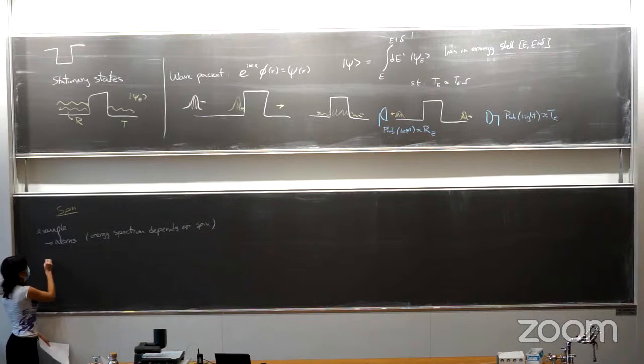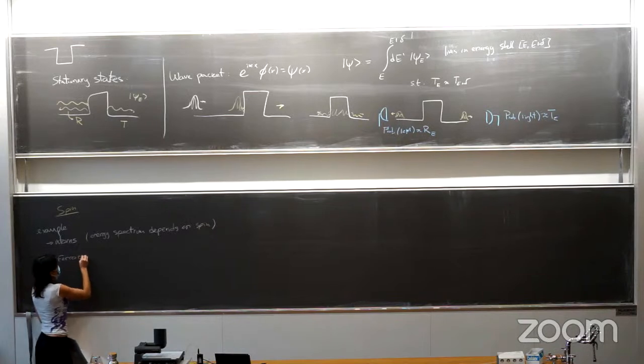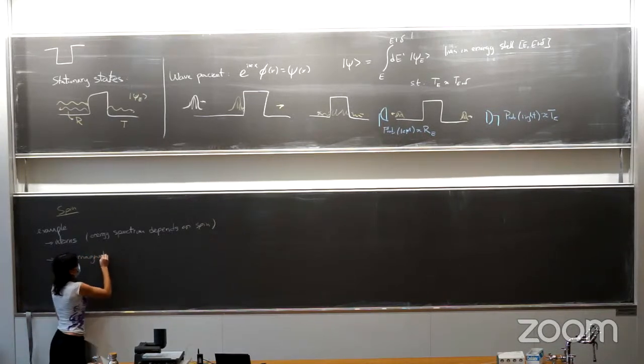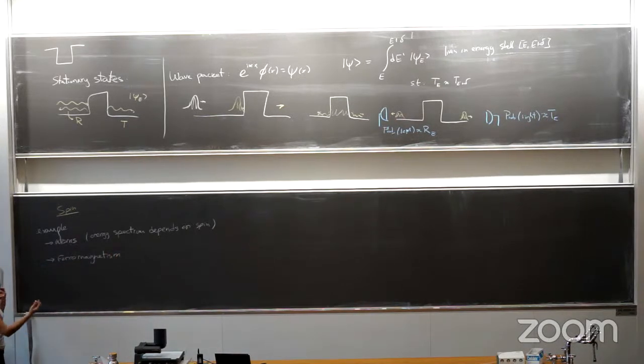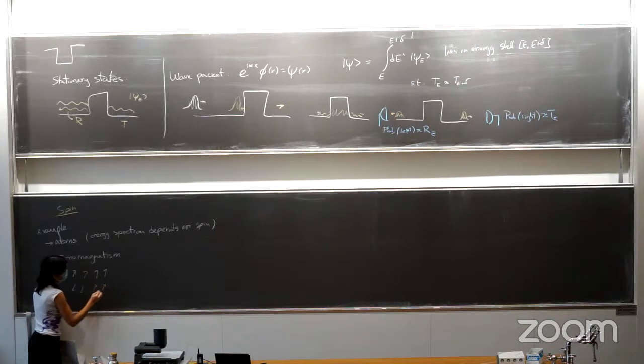Another one is phenomena like ferromagnetism, meaning what makes a material a magnet or a material react to magnets. And the idea there is that you model the material, for example your metal, as a lattice, right?